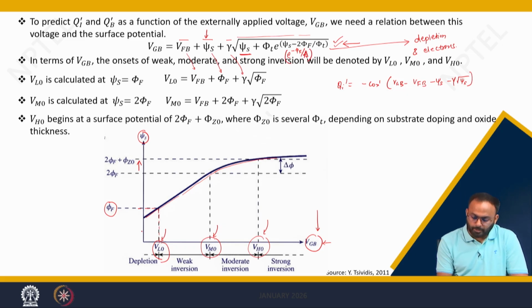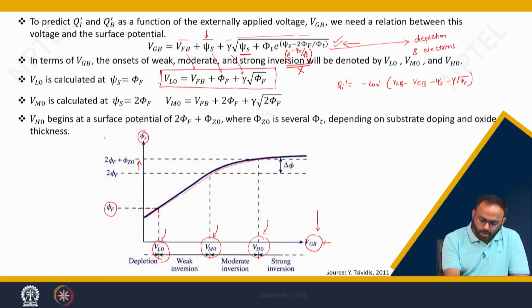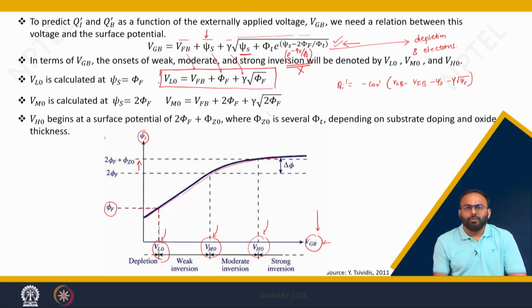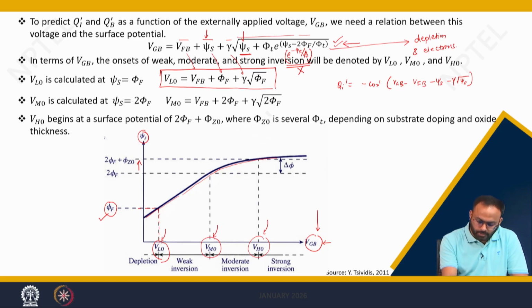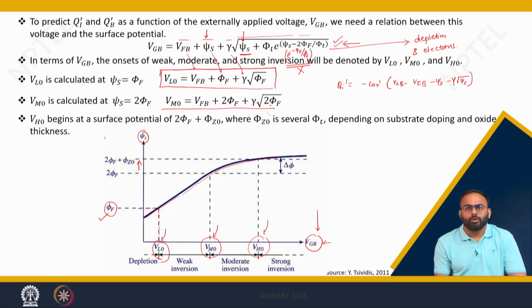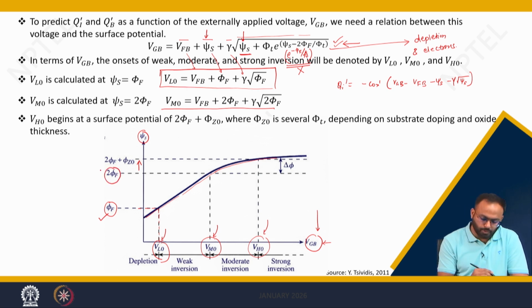Though the surface potential is positive, it is small and hence this quantity will be smaller. You can simply neglect this quantity to get a simple closed form equation of VLO. So VLO is that gate voltage corresponding to which the surface potential is phi f. Similarly, we can put 2 phi f here and extract the value of VMO. So VMO is the gate voltage value corresponding to which my surface potential is 2 phi f.